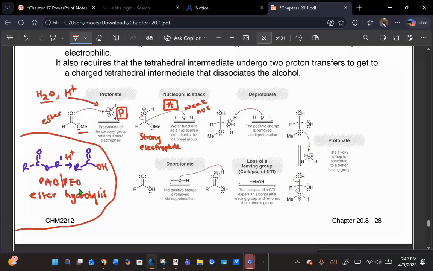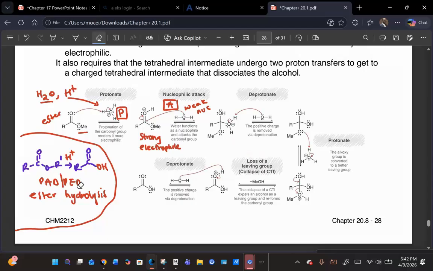Okay. I'm good with this. And then once you form your tetrahedral intermediate, this guy, we have to notice that actually there are two of them. I wouldn't call this the tetrahedral intermediate because it's still protonated.